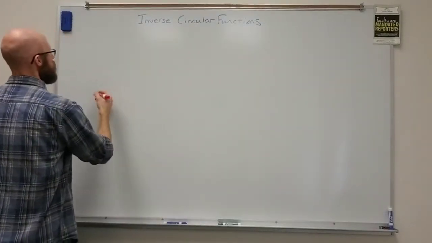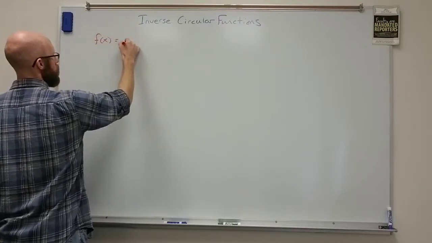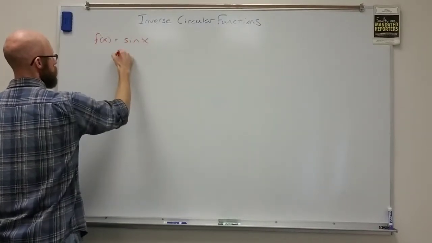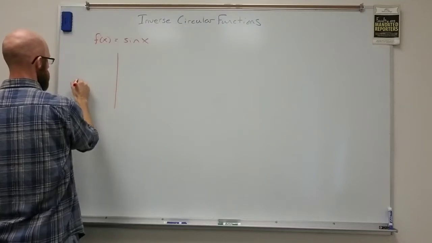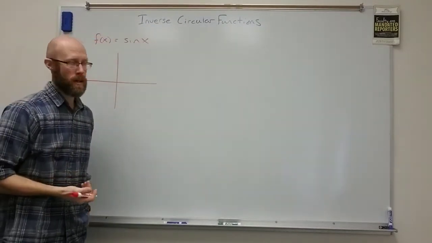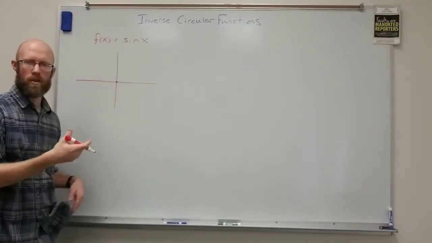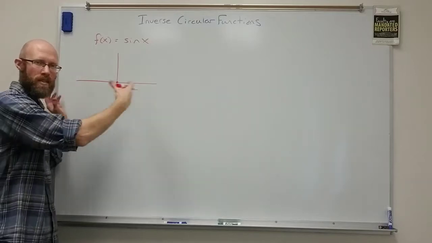So let's take a look at f of x equals the sine of x. Well, we know that the sine of x is an infinitely repeating wave left to right, and it starts at the origin, though it's indefinite in both ends.